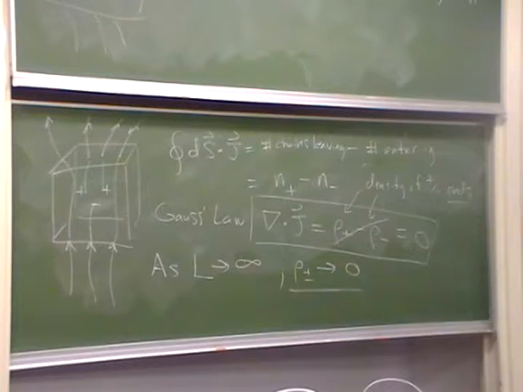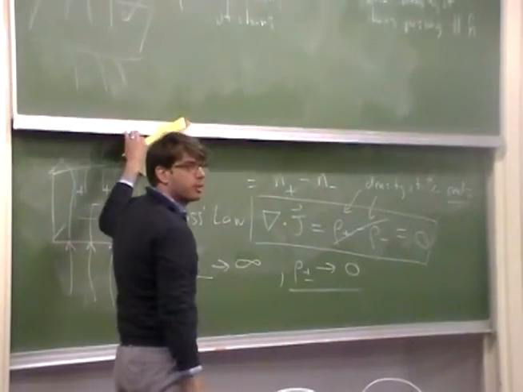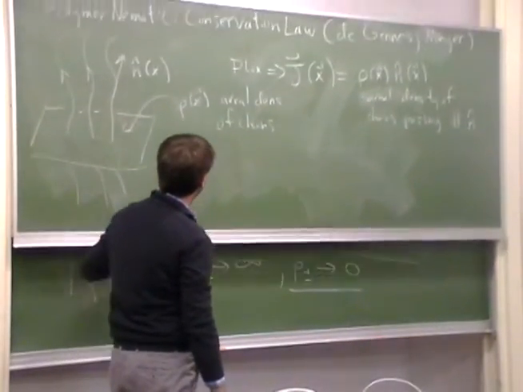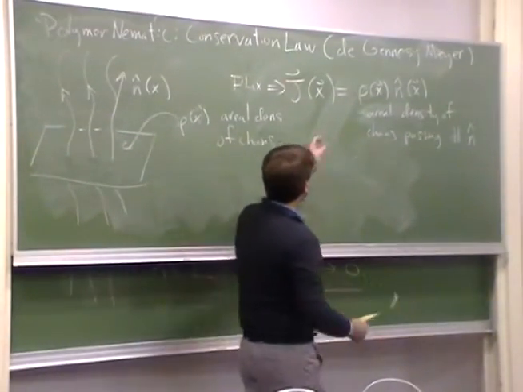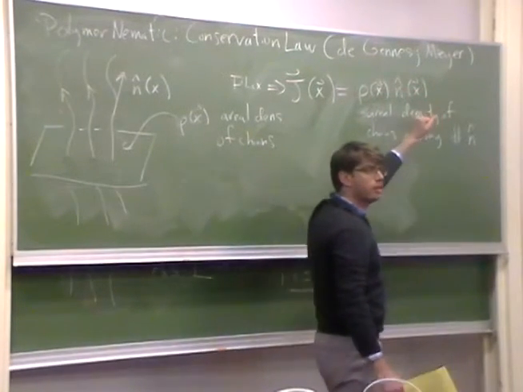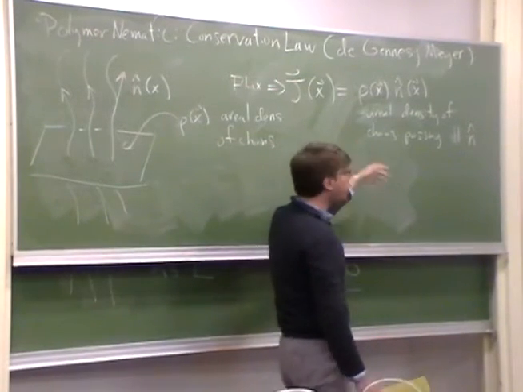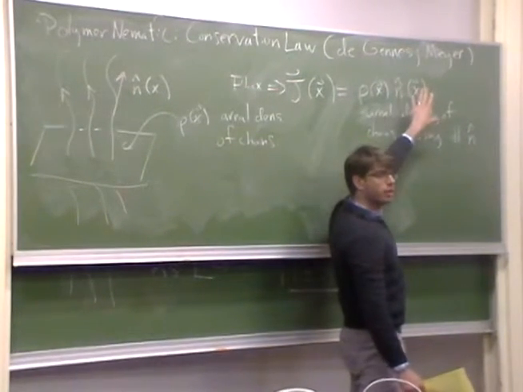So again, this is nothing other than our usual electrostatics. Now, how do we apply this to the case of polymer nematics? In polymer nematics, the flux is the product of the density times the direction. So the gradient and the divergence act on both parts.